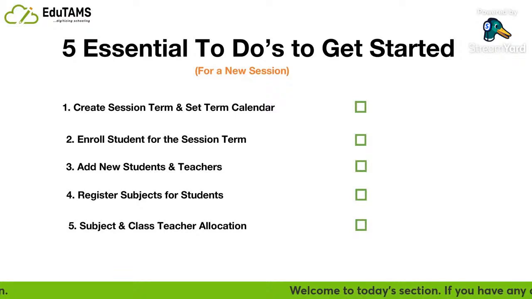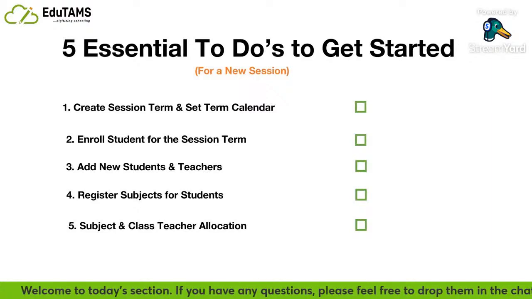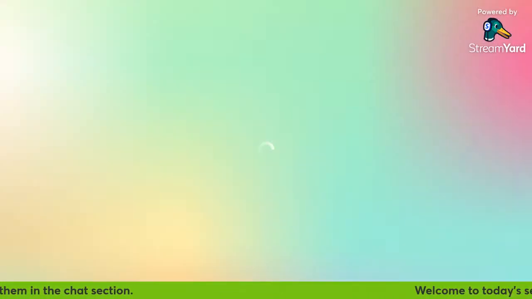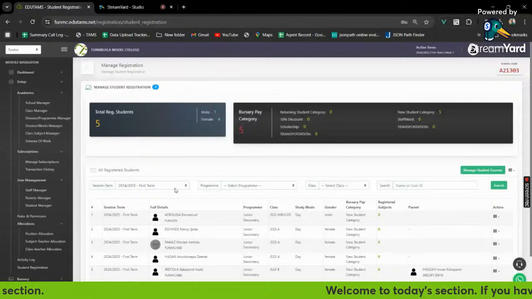The next thing, as I was saying, is adding students to class. Since we are coming into a new session, we'll have to enroll students for classes. Adding students to class and enrolling students to class are still the same thing.